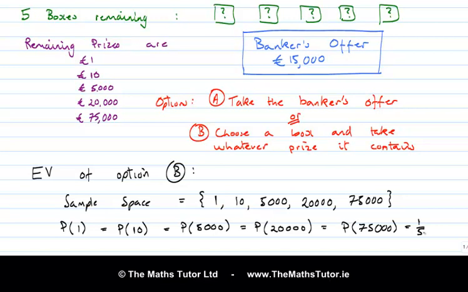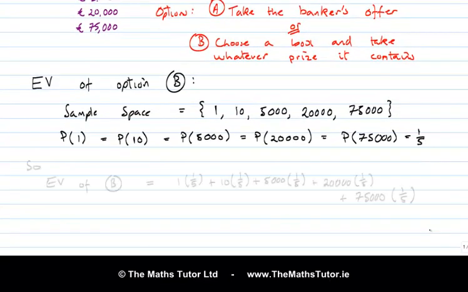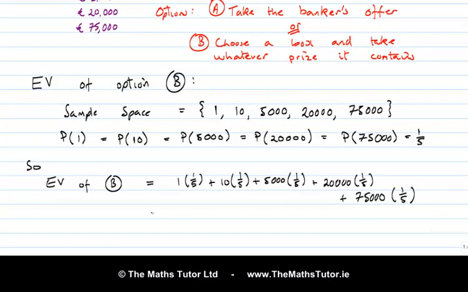So now we can calculate the expected value. So remember, to calculate the expected value, we multiply the value of each outcome by its probability, and then we add up all the answers. Now we can evaluate the right-hand side using a calculator, and we find that it's equal to €20,002.20.